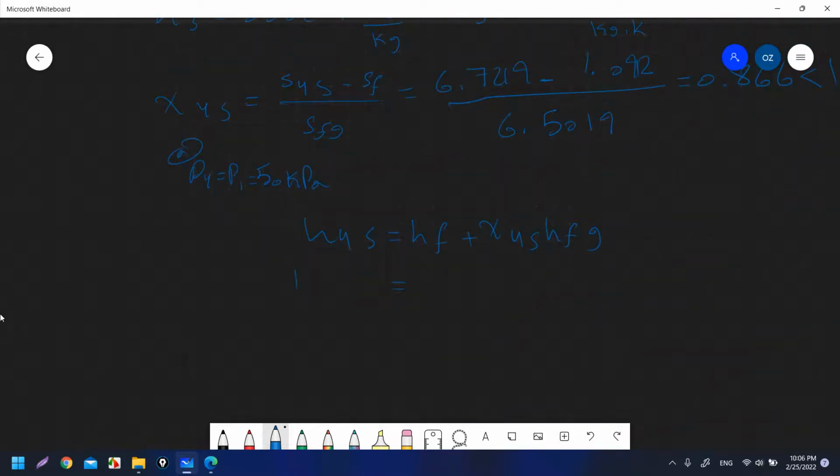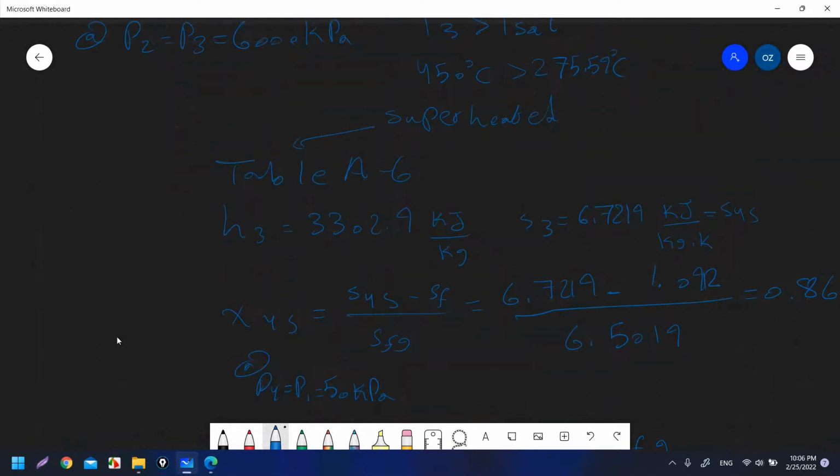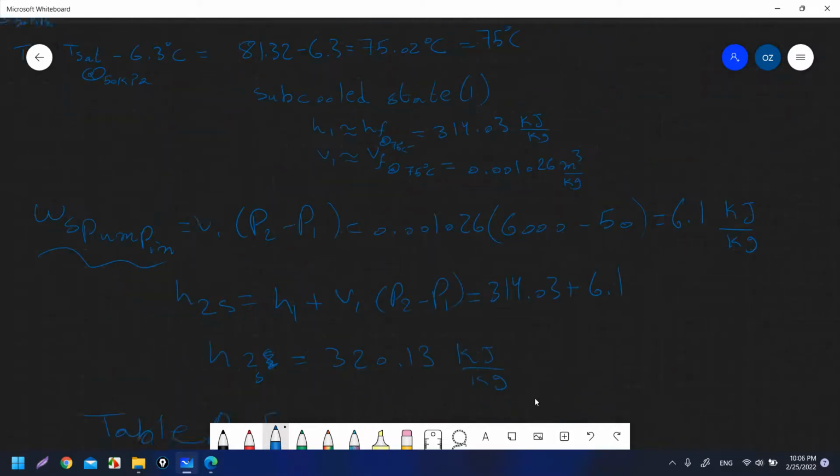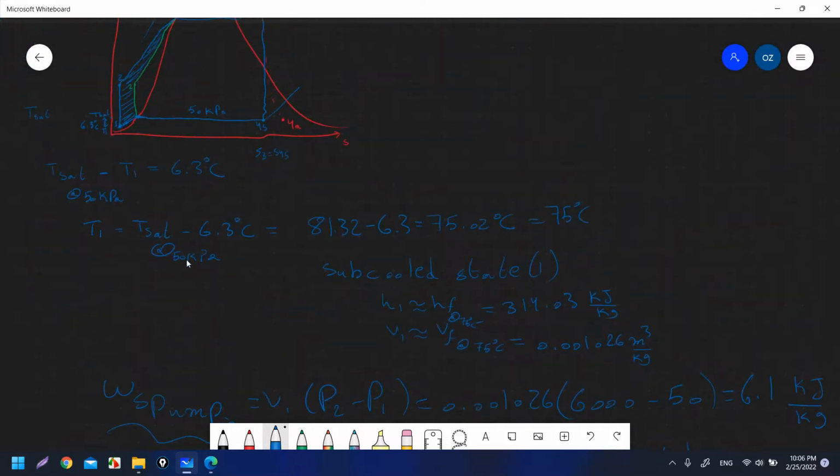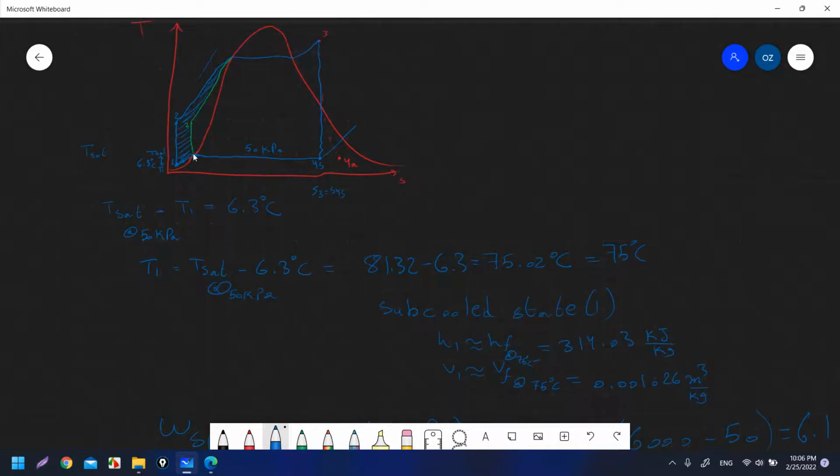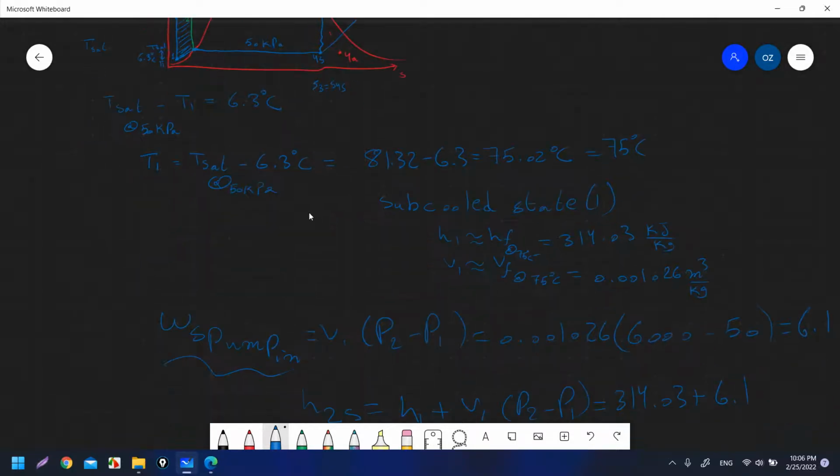When you have subcooling, you will not have HF equal to H1 at the pressure. As we said, we used the T1 that we calculated here, this value 75 degrees Celsius, to calculate H1. If you use the pressure, you will get HF, which is here. So that is why.